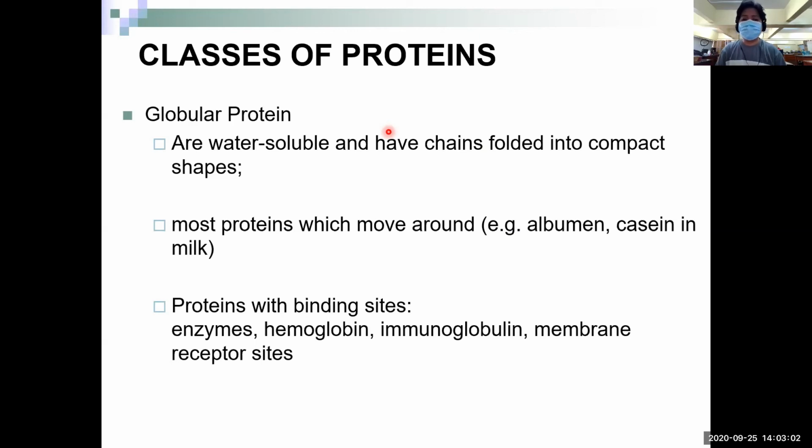The globular proteins are also the type of proteins with binding sites, meaning they are able to bind other molecules. So we have enzymes, for example, as well as hemoglobin, immunoglobulins, and membrane receptor sites.